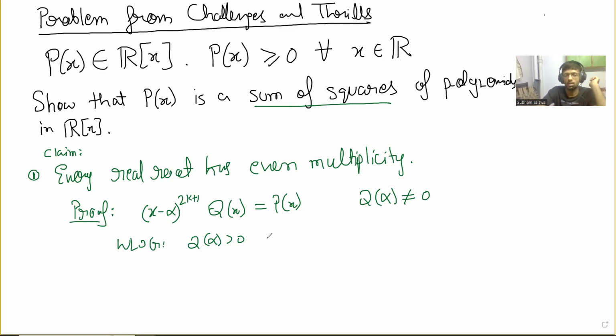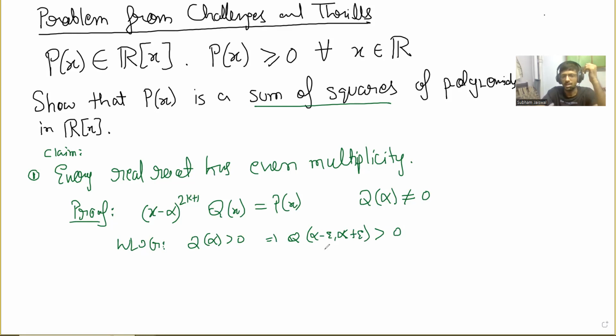Then without loss of generality, Q of alpha is positive. It's either positive or negative; I'm saying without loss of generality we just assume it's positive. That's fine. So this implies by continuity that Q is positive on the interval from alpha minus epsilon to alpha plus epsilon.